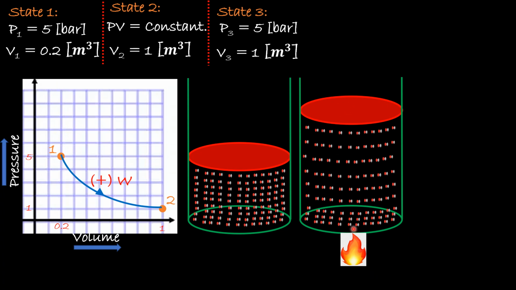Instead, we add heat to increase the pressure back to 5 bar. And that's what we did until we reach state 3. It goes back to 5 bar.